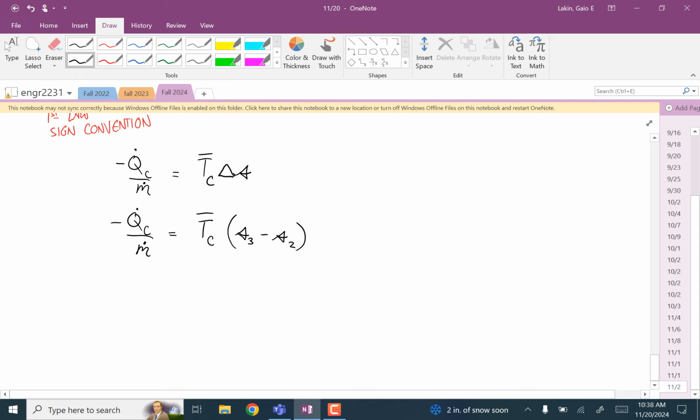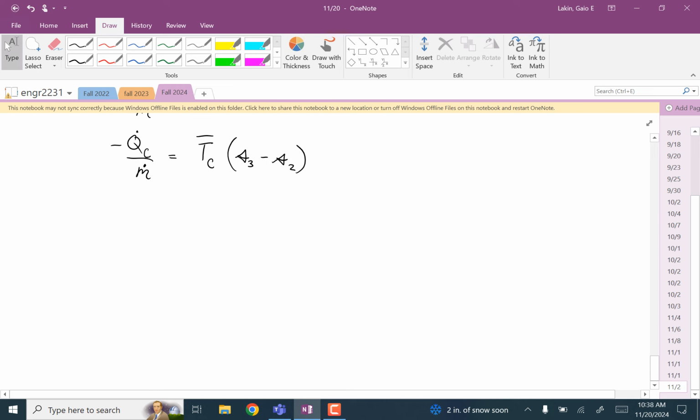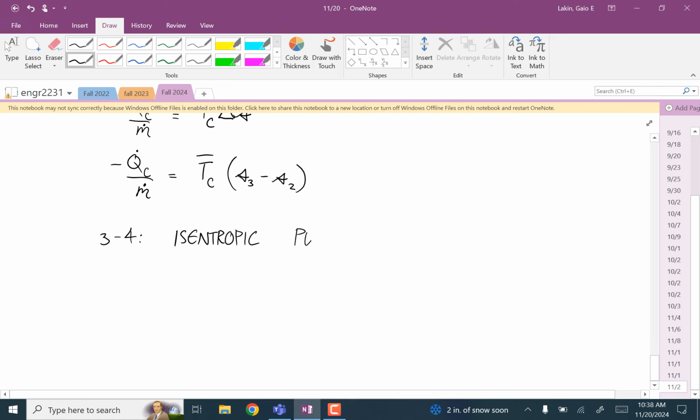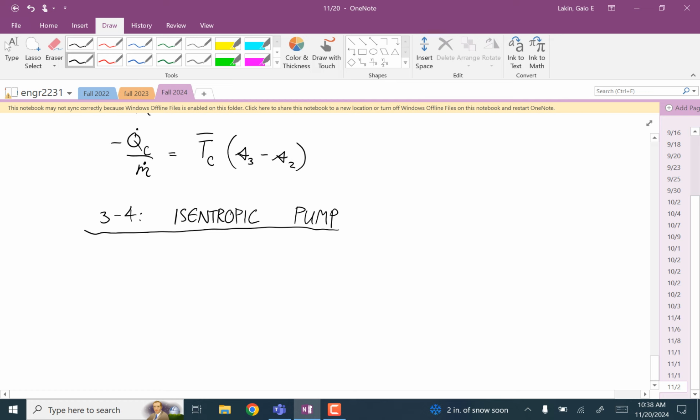Then from 3 to 4, we have an isentropic pump. So again, I'm going to start with the boxed equation.